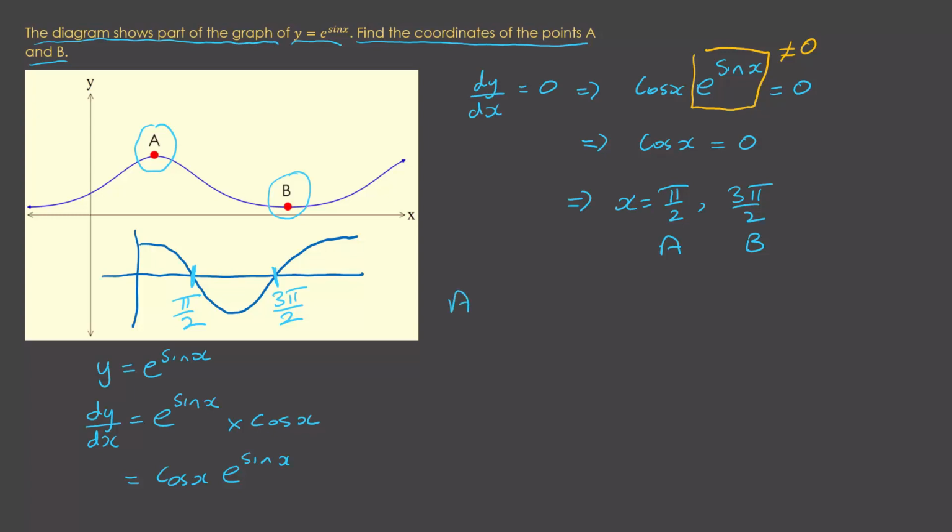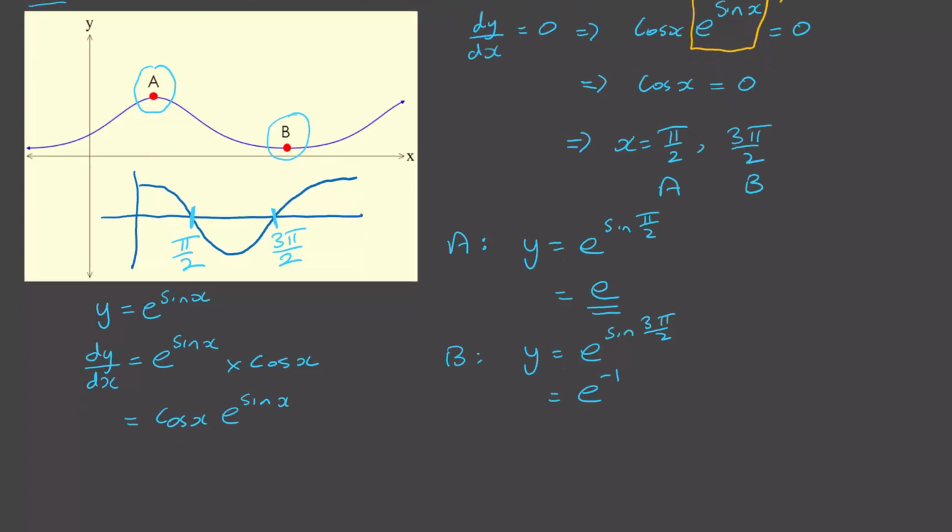So if we look at A, we would have y being equal to e to the sine of pi by 2. Sine of pi by 2 is 1, so that's just e. If we look at B, y would be equal to e to the sine 3 pi by 2, and sine of 3 pi by 2 is negative 1, so that would be e to the negative 1.